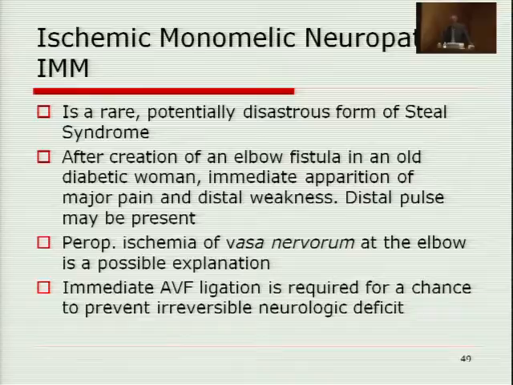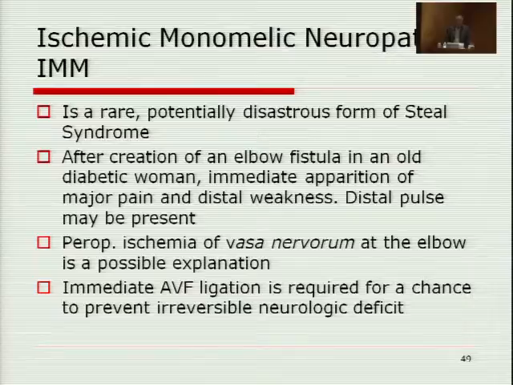There is a clinical form of distal ischemia, which is ischemic monomelic neuropathy. It is a rare, potentially disastrous form of steal syndrome after creation of an elbow fistula in an old diabetic woman. You will see an immediate appearance of major pain and distal weakness.